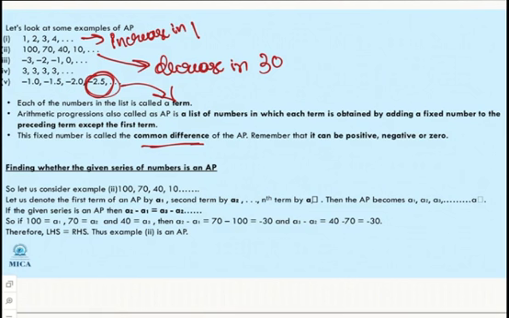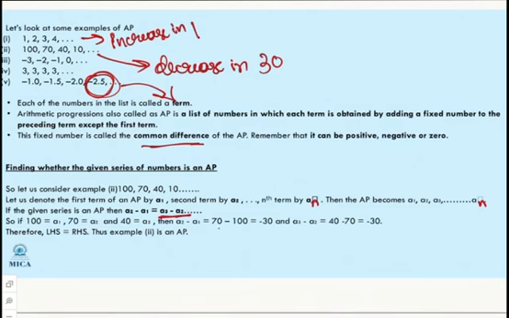Finding whether the given series of numbers is an AP. So let us consider example 2. In example 2, let us consider the first term as A1, the second term as A2 and the nth term as AN. Then the AP becomes A1, A2, A3 and it goes on till AN. So if the given series is an AP, then A2 minus A1 is equal to A3 minus A2.